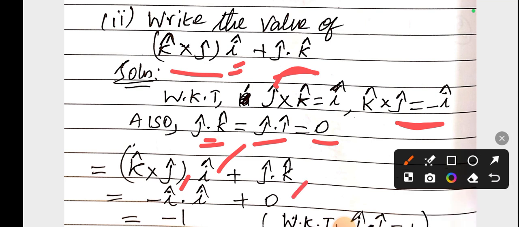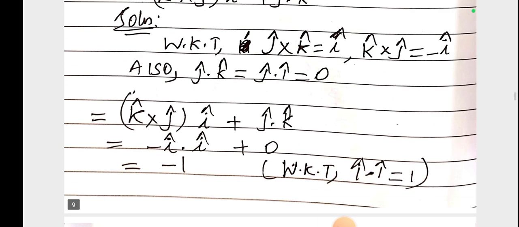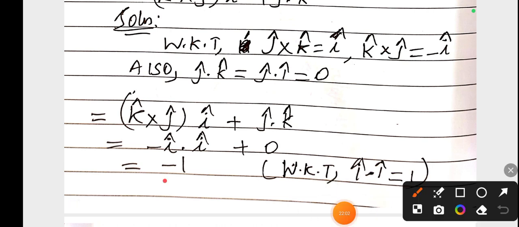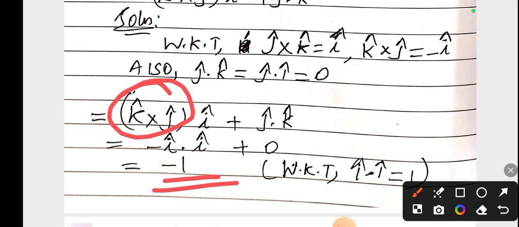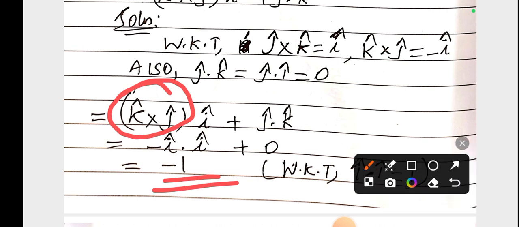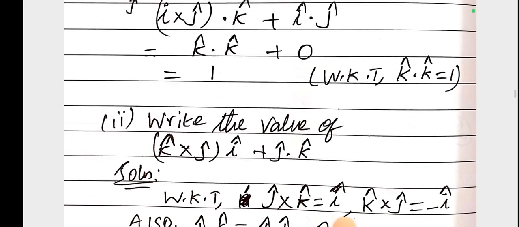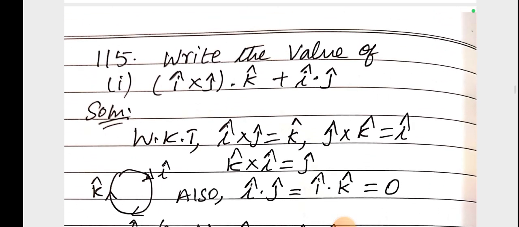So I cap dot I cap we all know is 1. But here it will be minus 1. Why minus 1? Because here it is reversed. Earlier J cross K dot I was there, and now it is plus 1. So just see whether the question is in proper order or different order.